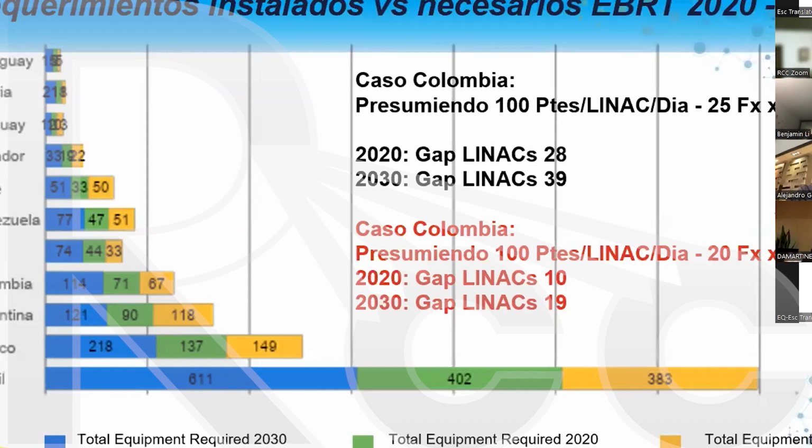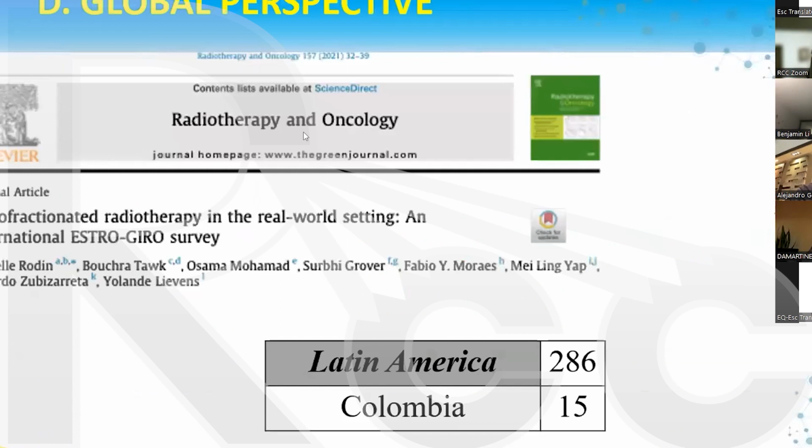If we start to implement hypofractionation, we see that by only reducing to 20 fractions on average, the gap in installed capacity necessary to have optimal treatment will reduce by half or even more. So please look at the impact of doing hypofractionation in our clinics.